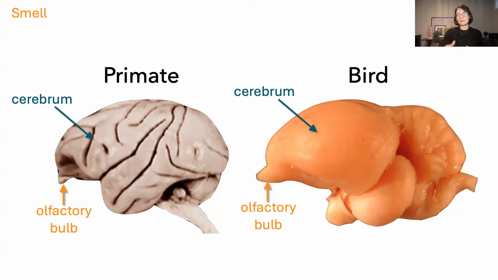Both mammals and birds have a large and complex cerebrum. And the cerebrum is essentially where a lot of cognitive functions happen. So this is the part of the brain that's responsible for thinking and planning out future actions.